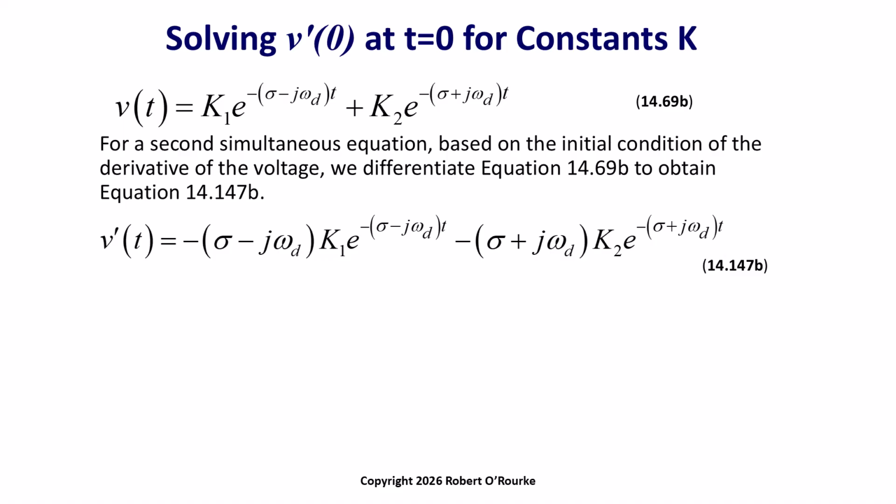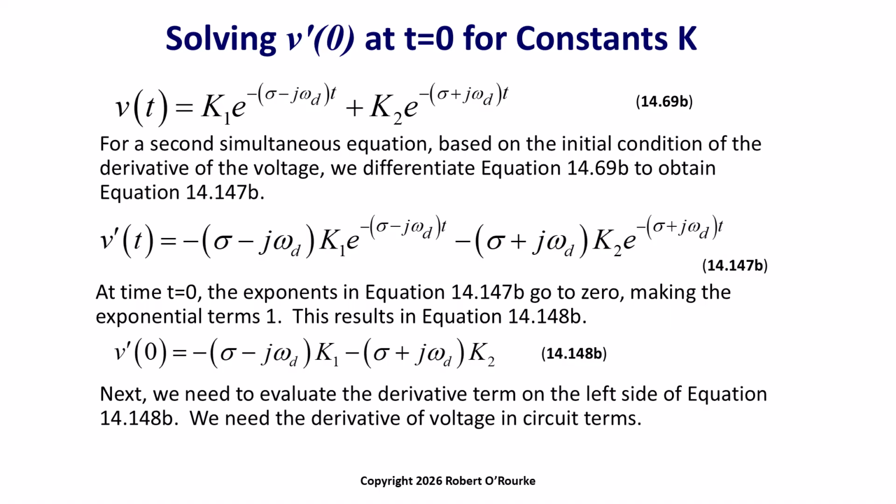For calculating the initial conditions on v prime, the derivative of the voltage function, we first need to differentiate the voltage solution equation 14.69b to generate the derivative equation v prime of t in equation 14.147b.